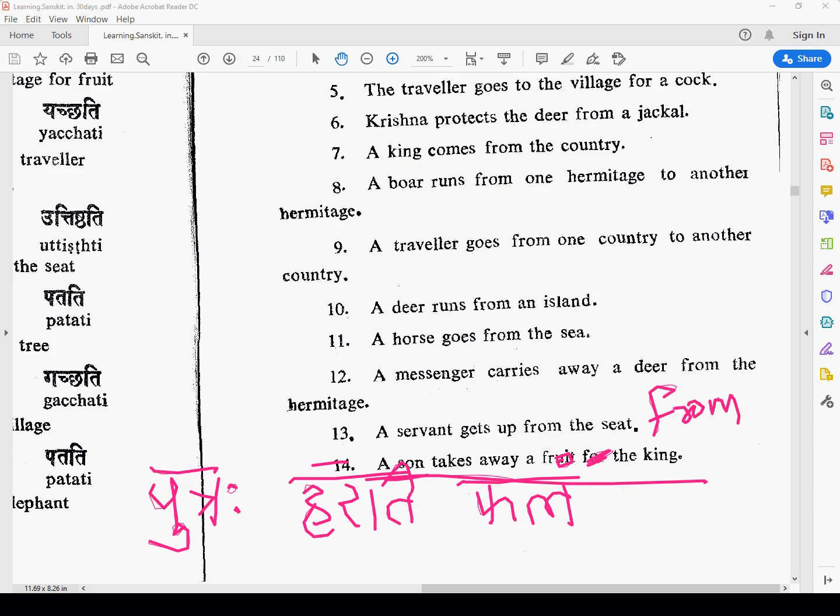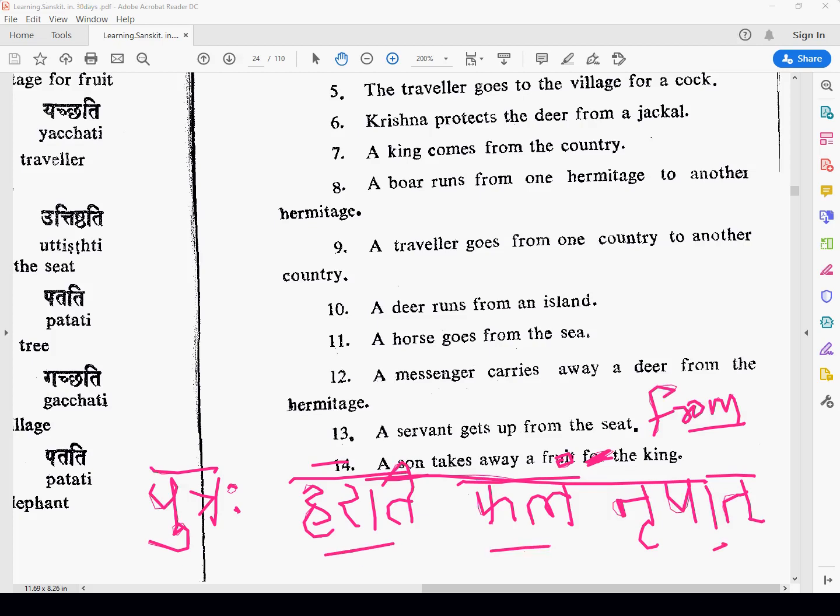If it is for, it will be nrupaya. If it is from, nrupat. Putraha nrupat phalam harati.